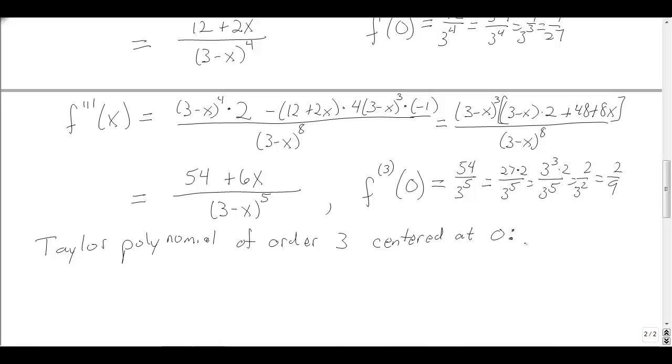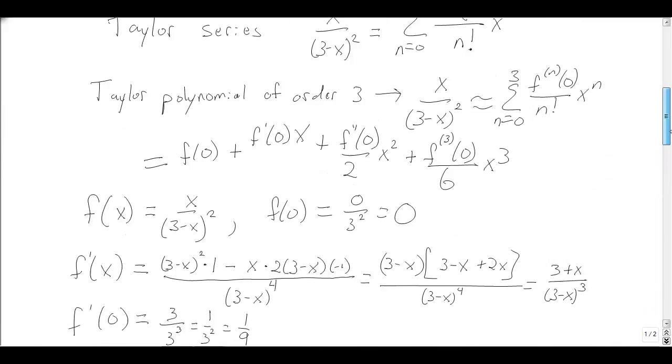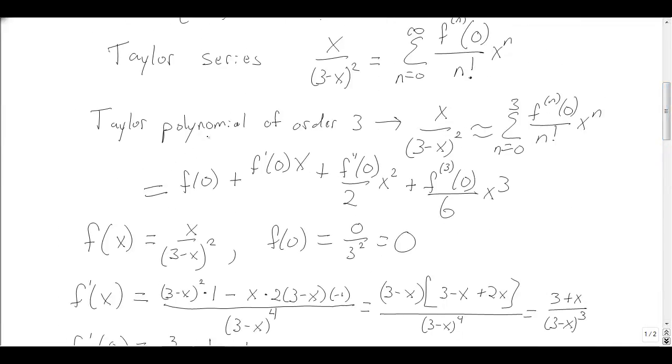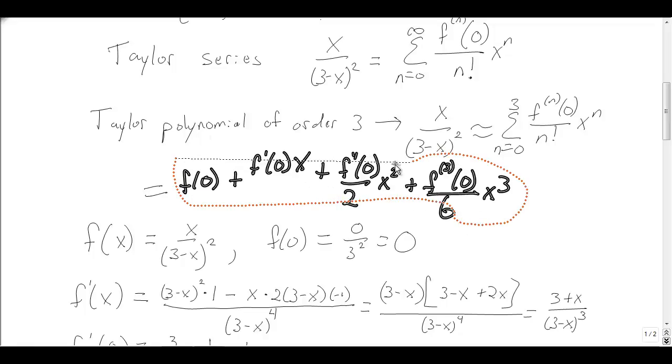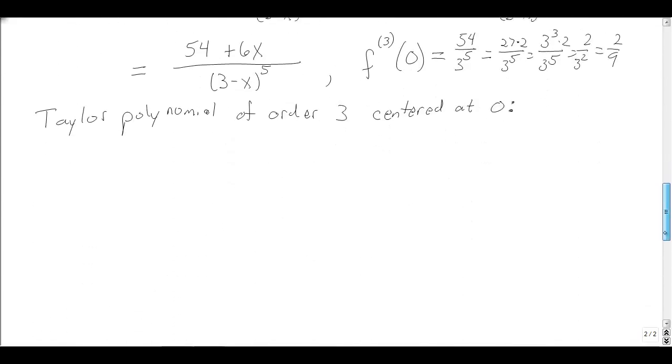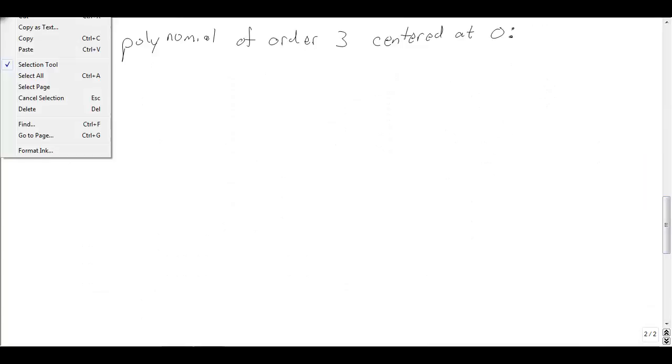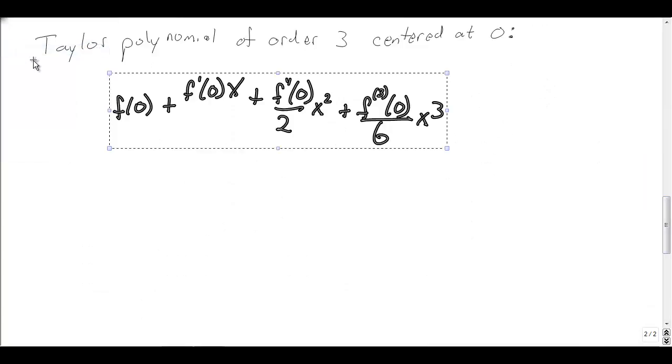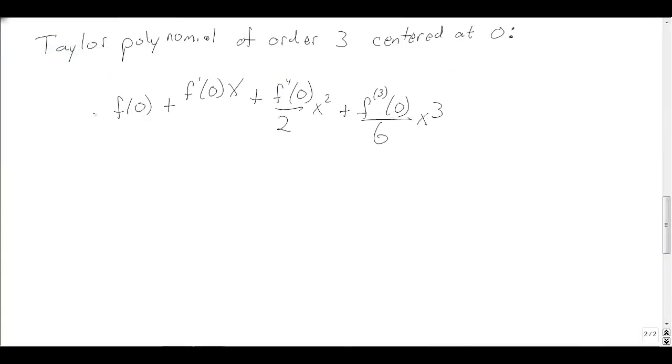What we get, okay, so let's go back up here. Let's just copy what we had for our Taylor polynomial. Copy that, move it down here. Let's paste that. Okay, so this is our Taylor polynomial.